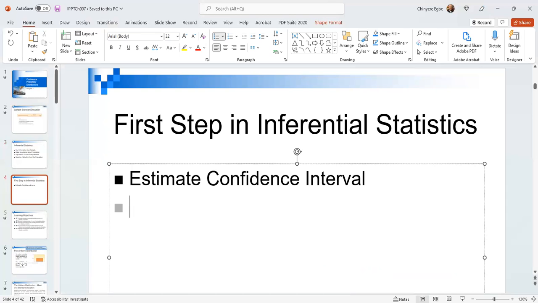Then the next thing we do is hypothesis testing.